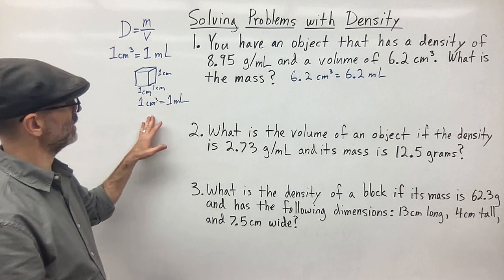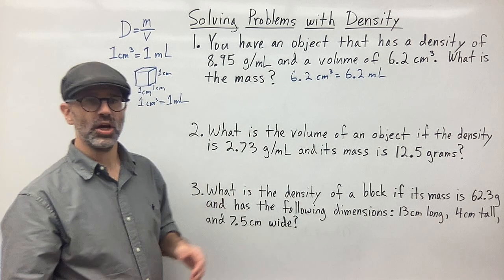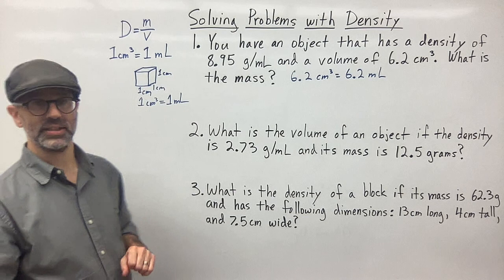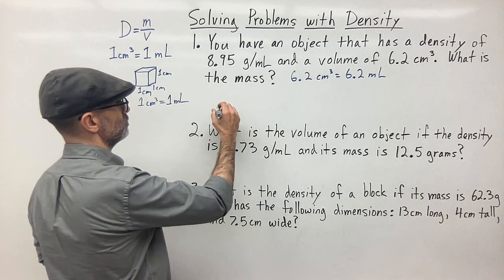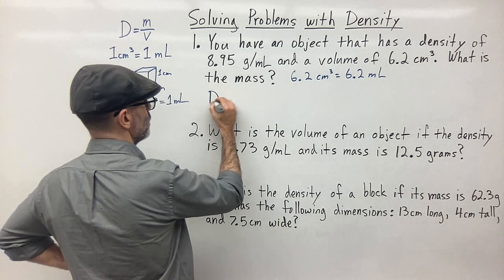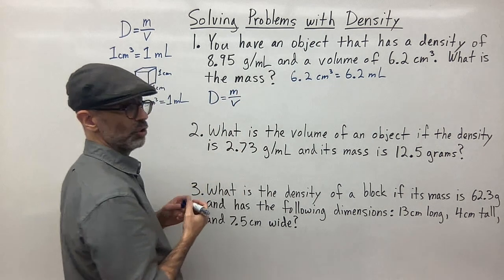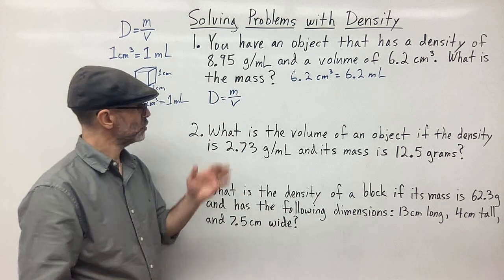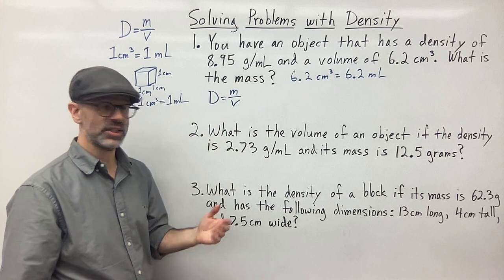Now that we got that out of the way, there's a couple ways to solve this. One is to use the equation D equals m over v, so density equals mass over volume. I'm looking for the mass, so I can solve this equation for mass using algebra.